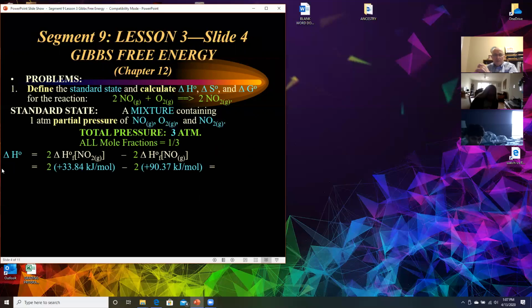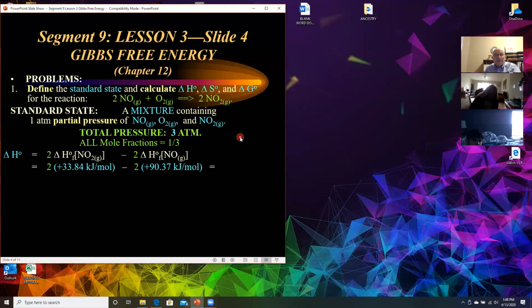Now we can use our table data in the back of your book to calculate the delta H. We're going to take twice the delta H formation of the product, NO2, and we're going to subtract off 2 times the delta H formation of NO. We don't need oxygen because oxygen is diatomic and gaseous, so it has a 0 value for its heat of formation.